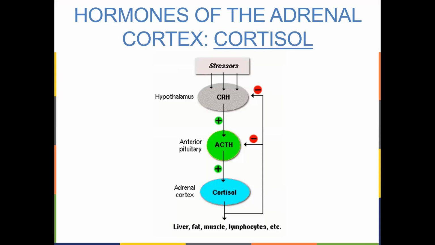Breakdown of fats, breakdown of proteins if necessary. And of course, if we break down fats and proteins, how do we replace that? We replace it in our diet. So we eat more because we're stressed. And lots of times it may not even be the glucose. We're just like, I'm stressed, I got to eat something. Many people respond to stress that way.